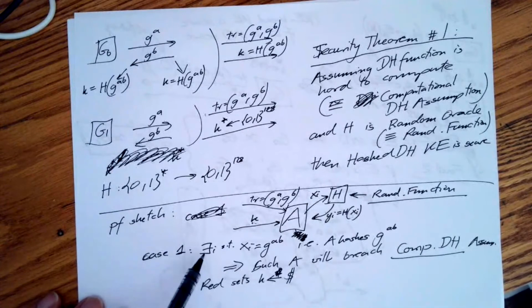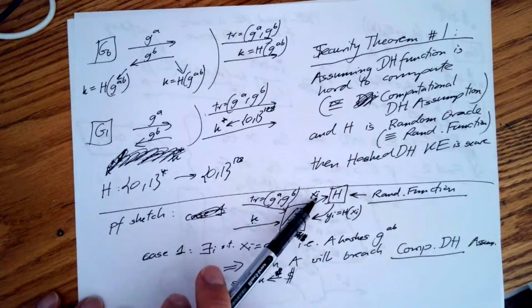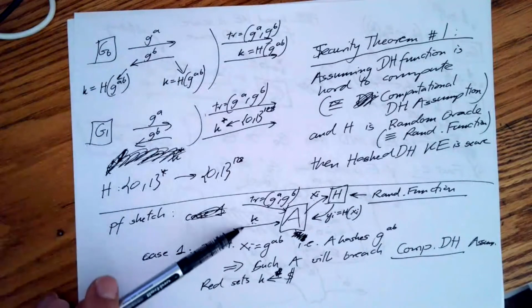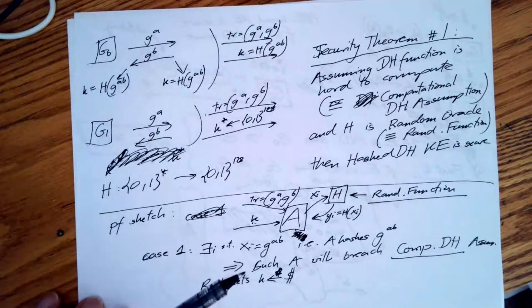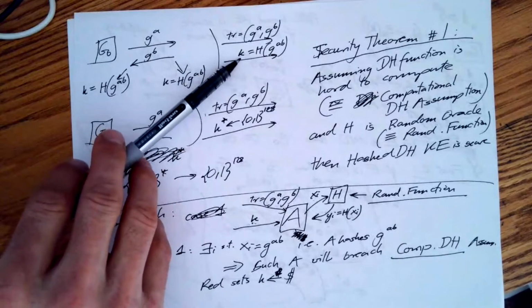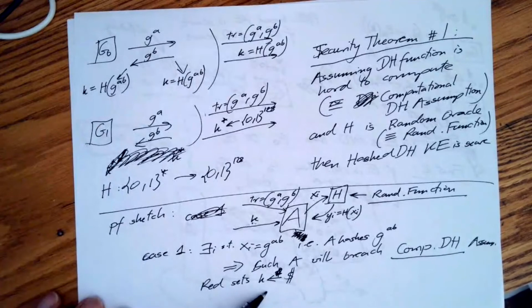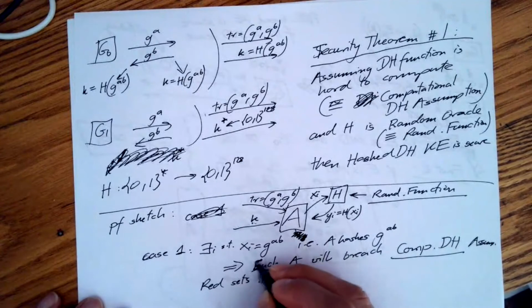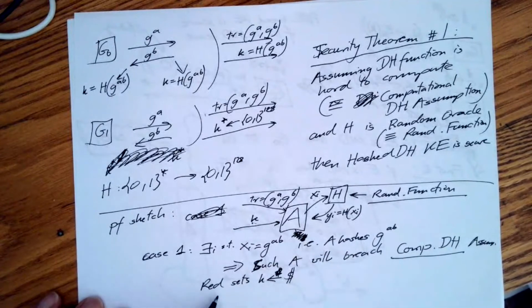So the probability that this event occurs does not change if the attacker gets a random value rather than the real hash of g to the ab, if H is a random function. That's the key thing that allows this argument.